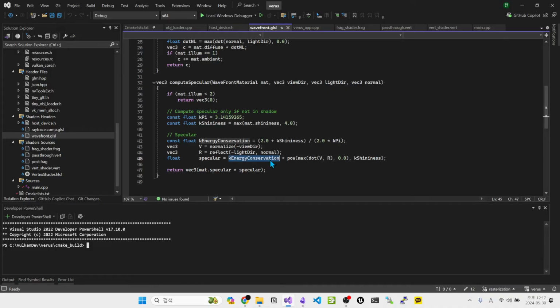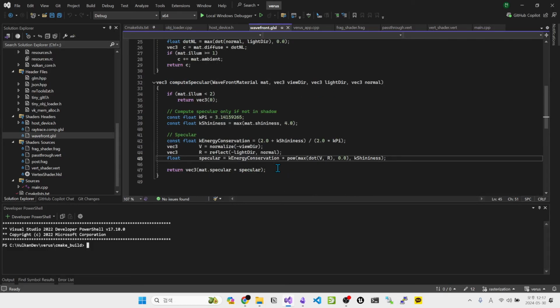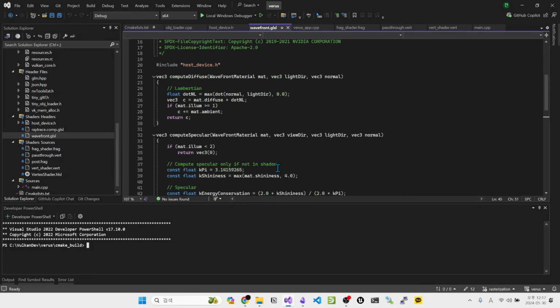But this energy conservation term is slightly different, and it is not the thing that I learned in the video. So by just ignoring this term, it seems that specular is defined well inside our wavefront GLSL.